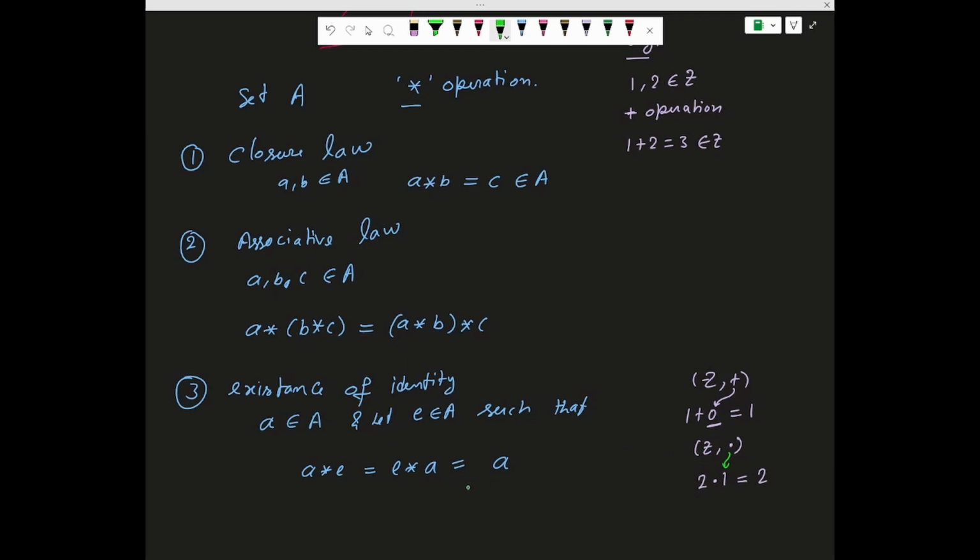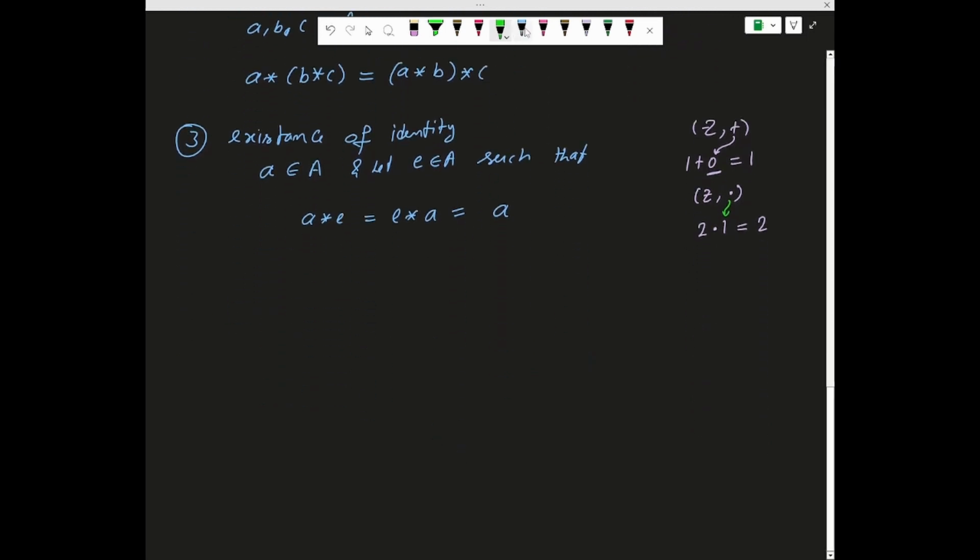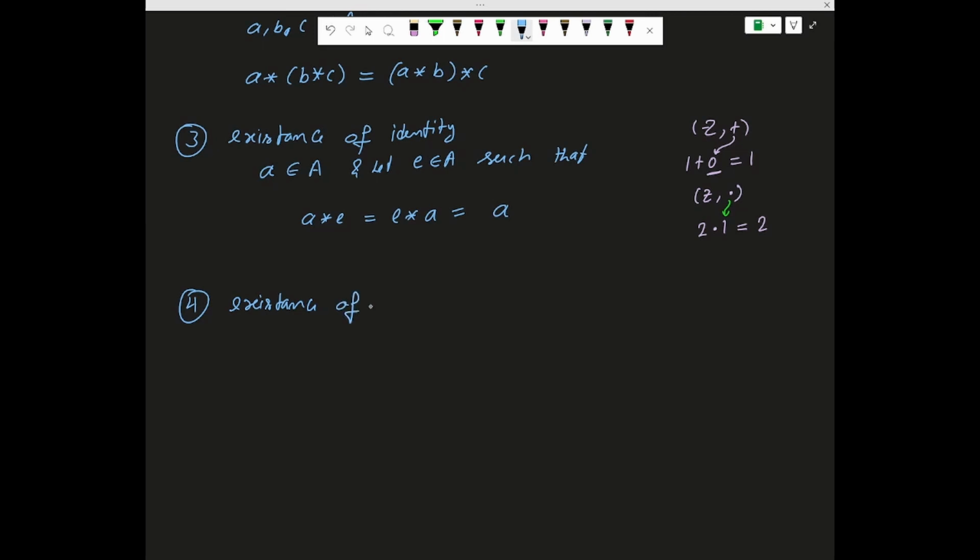Alright, now let's discuss the fourth one, that is the existence of inverse. What does inverse mean? Inverse means when we are applying the operation between the inverse and the element, we get the identity.